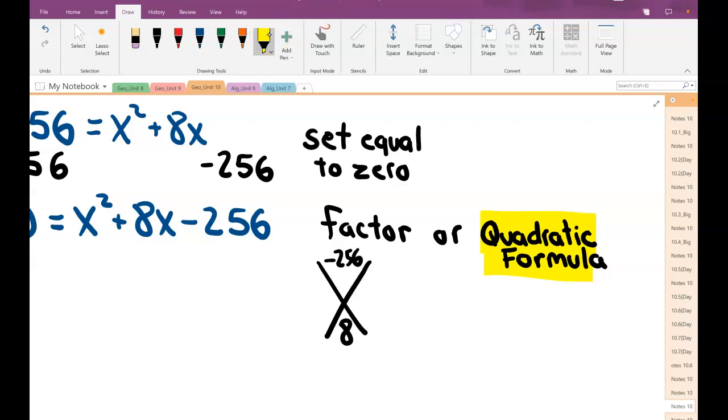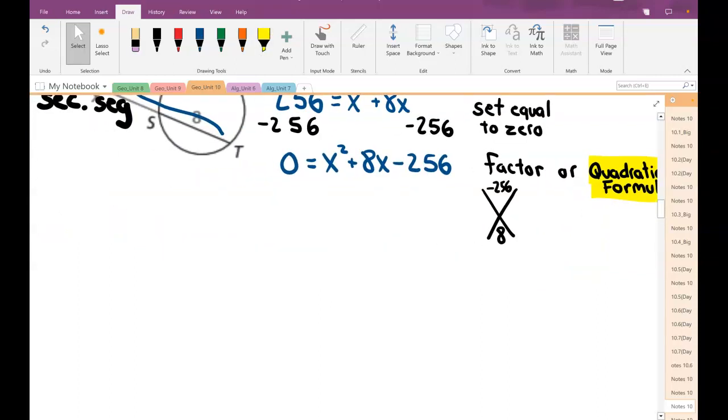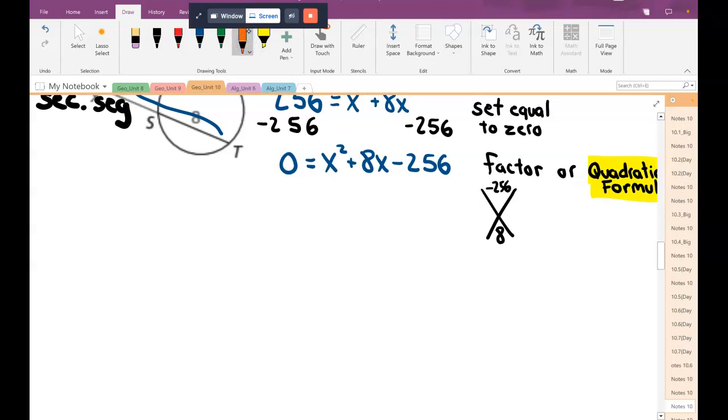So using the quadratic formula, we do it off to the side. This will be another algebra review. So, quadratic formula.